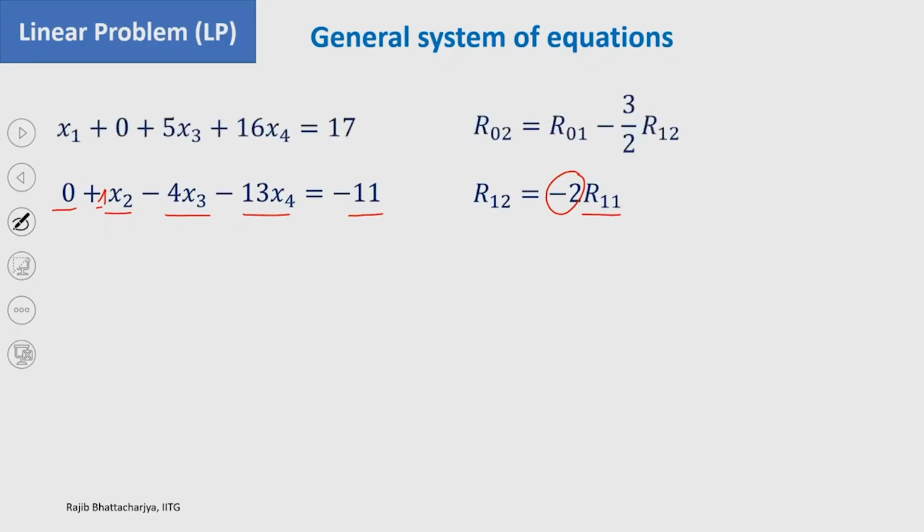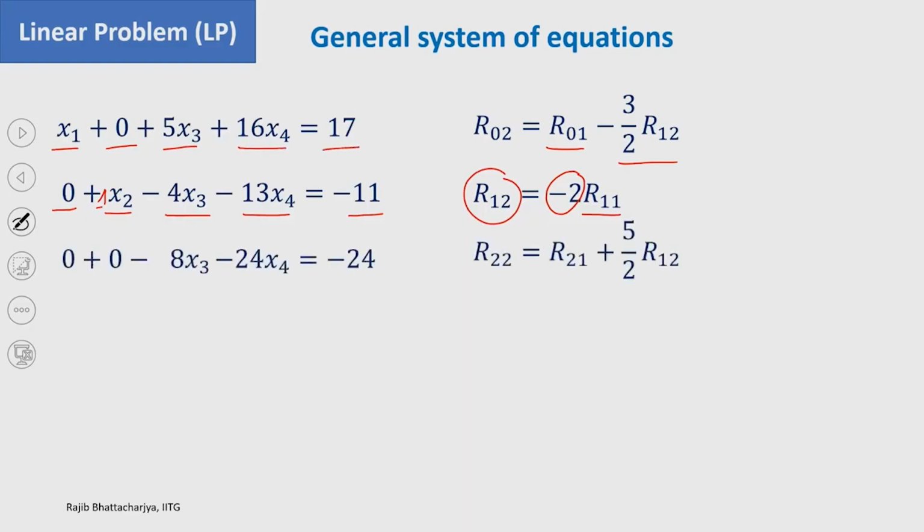Okay. Now if I do the operation R0^1 minus 3/2 R1^2, then I am getting here 0. So, now I am getting x1 plus 0 plus 5 x3 plus 16 x4 equal to 17. And if I do R2^2, which is equal to R2^1 plus 5/2 R1^2, then I am getting this is also 0, and this is already 0.